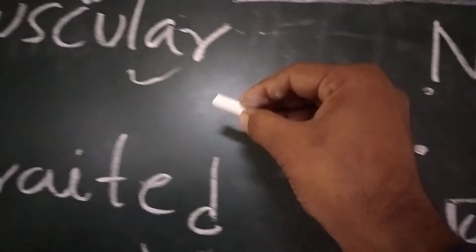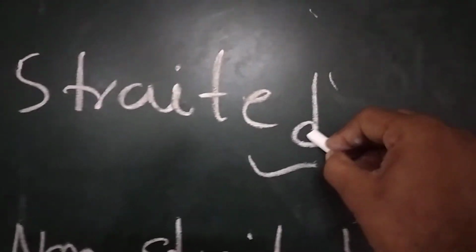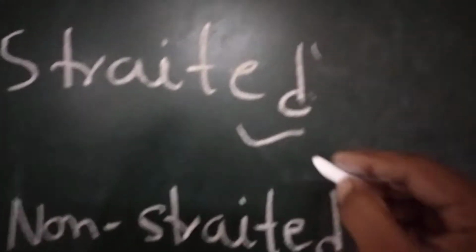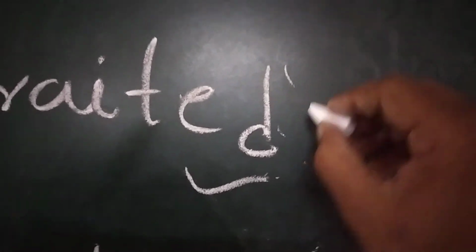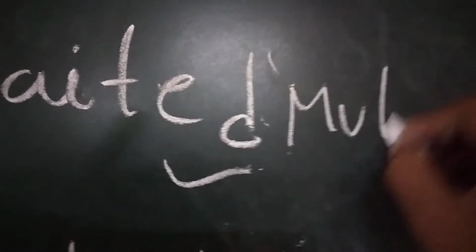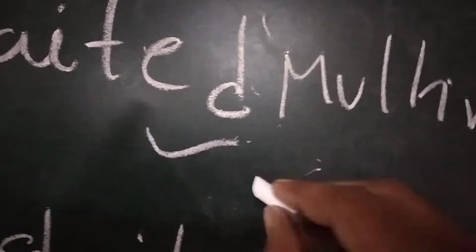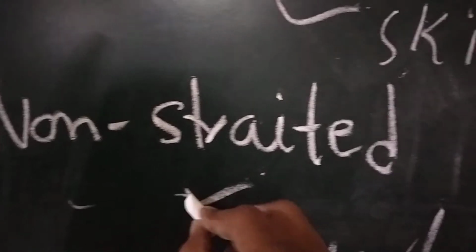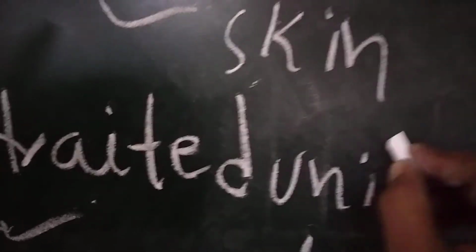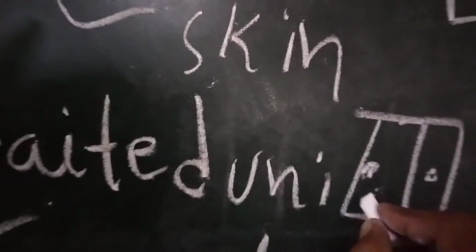So here muscular tissue is striated. There are several definitions of striated, that is, they are multinucleated and present just below the skin also. Here non-striated, they are uninucleated, meaning suppose there are a number of cells, they will be uninucleated.